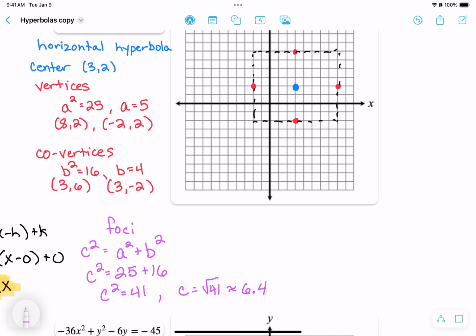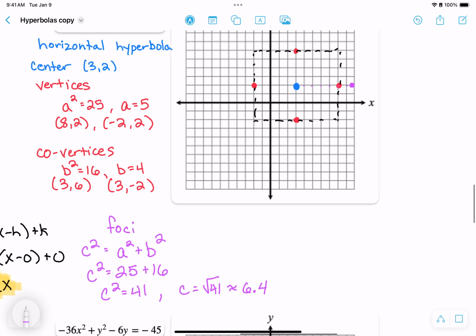Okay, so from the center, we count 6.4 left and right. And this is the part where I said your graph paper is going to be a little bit too small. So I count 1, 2, 3, 4, 5, 6.4. So my first focus is going to be at 9.42. And then 1, 2, 3, 4, 5, 6.4 in this direction will be negative 3.42.